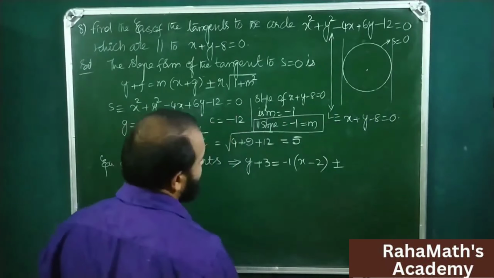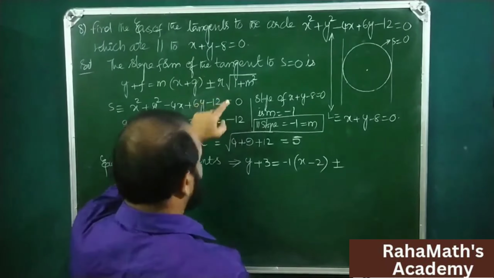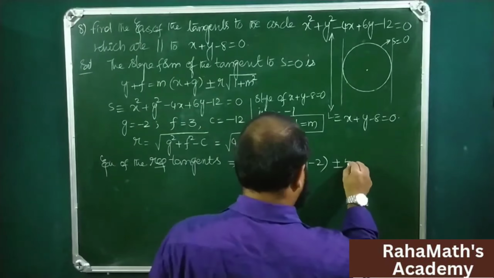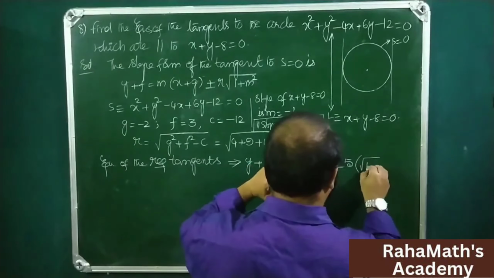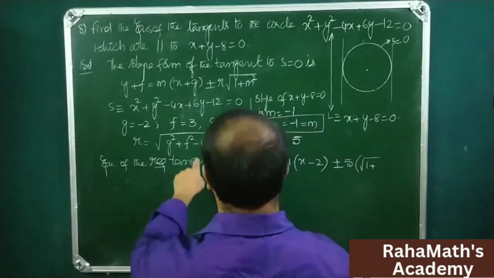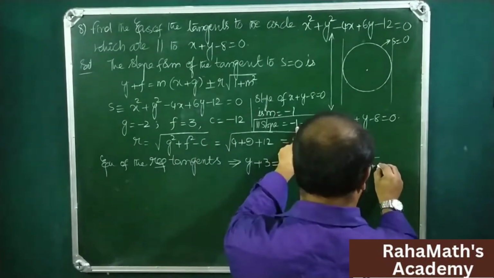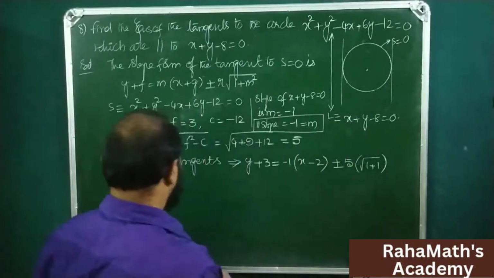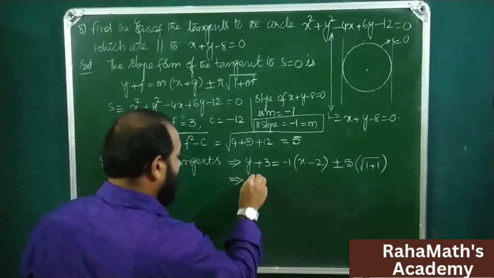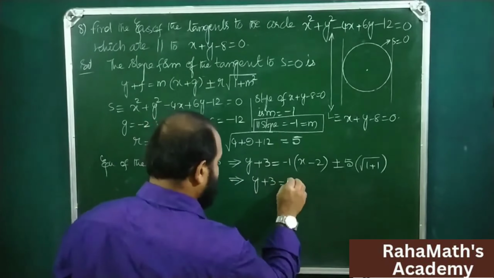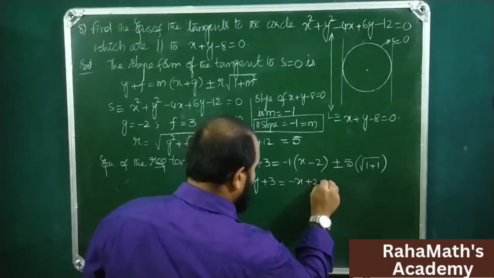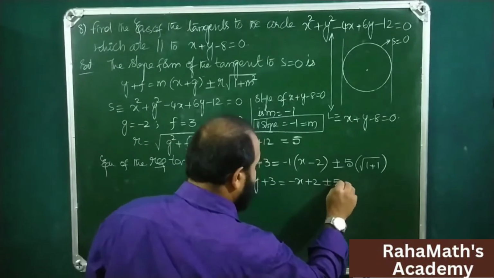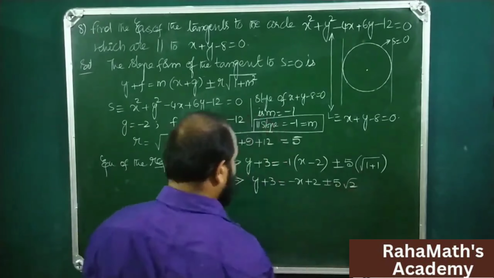So ± r√(1 + m²), which is 5√(1 + (−1)²) = 5√2. That implies y + 3 = −(x − 2) ± 5√2.